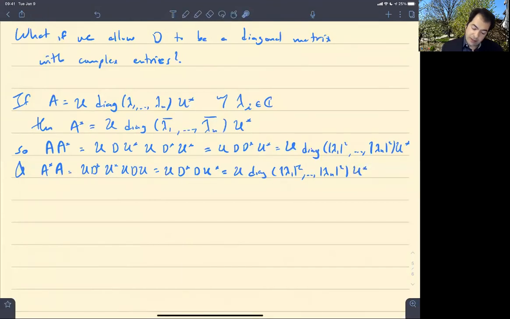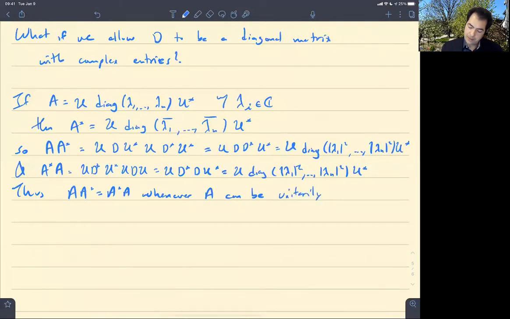So if we're in this setting where we have U D U star, and D is diagonal but possibly complex, then A A star is equal to A star A. So thus A A star is equal to A star A whenever A can be unitarily diagonalized.